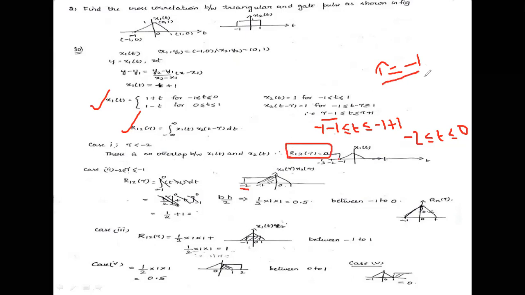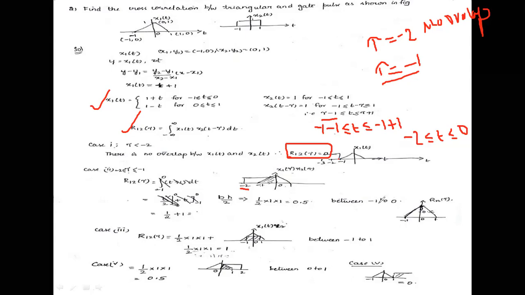Now I am assuming tau is minus 1. Previously, tau is equal to minus 2, no overlap. Now the range is from minus 2 to 0, and an overlapping occurs from minus 1 to 0. In the range minus 1 to 0, R12 of tau is 1 by 2 plus 1.